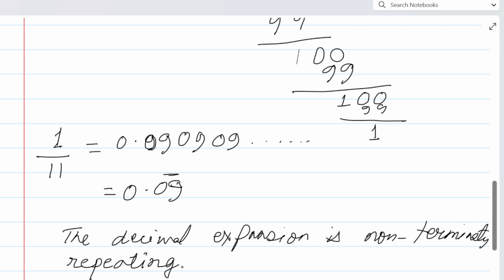Because it's not ending, therefore it is called non-terminating, and this is also repeating. 09090 is following some kind of pattern, so repeating. Is it okay? If okay, then I can go to the next question.